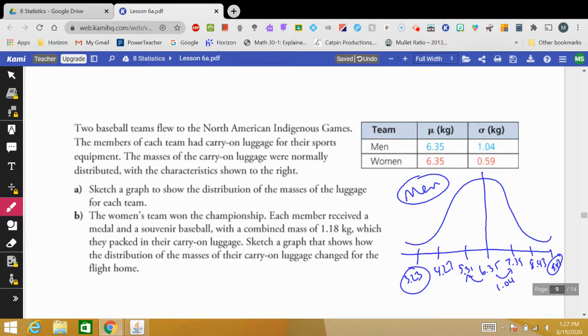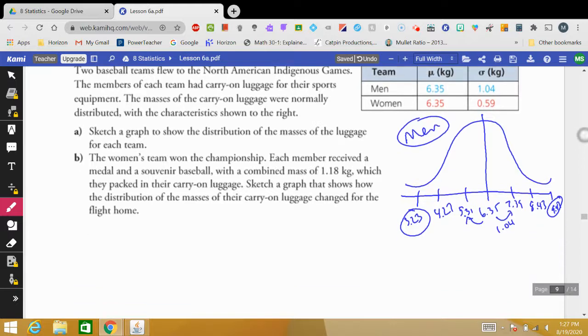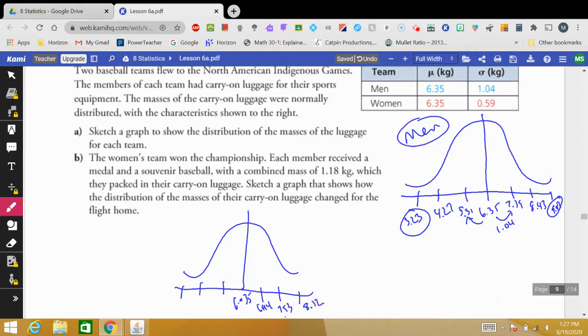Now if we did the same for the women's, you'll notice the women's has the exact same mean, but they have a lower standard deviation. So we're going to go 6.35 plus 0.59 is 6.94, 7.53, and 8.12.